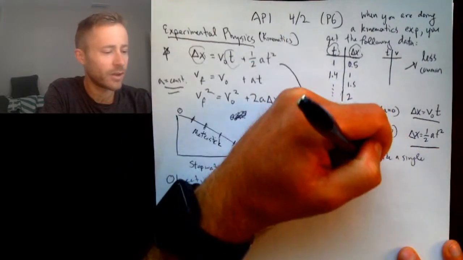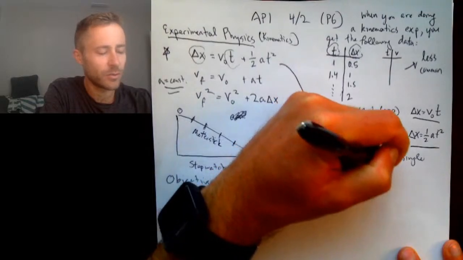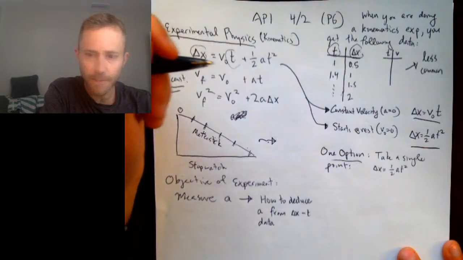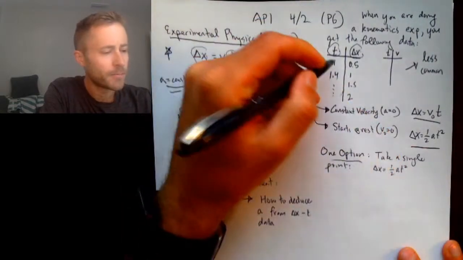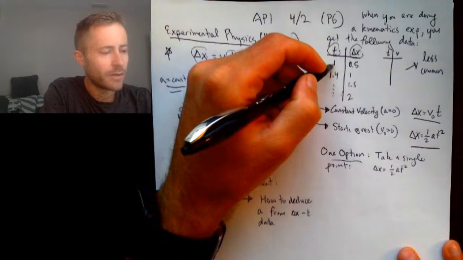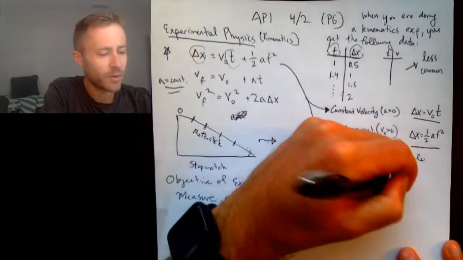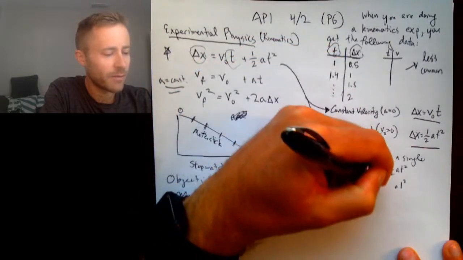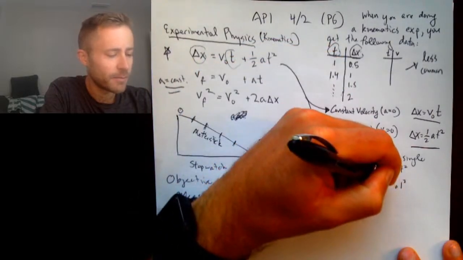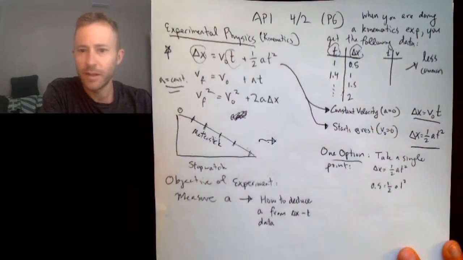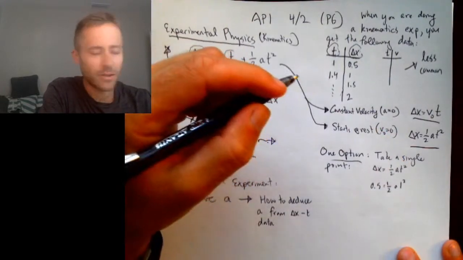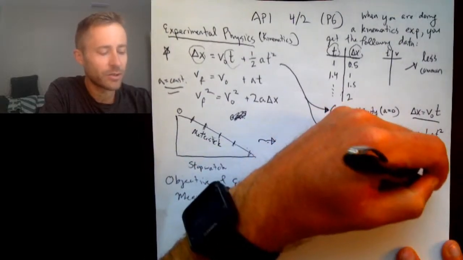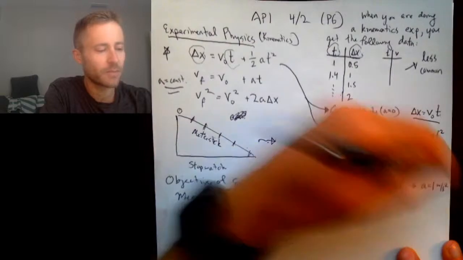We could say delta x equals 1/2 at squared. And then the time is 1, so I have 1 squared a equals 0.5, 1/2 at squared. And then I could solve this equation. I get that the acceleration is 1 meter per second squared.